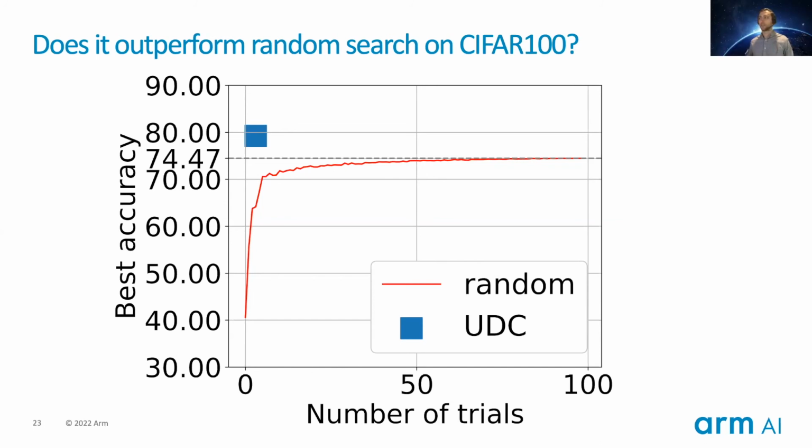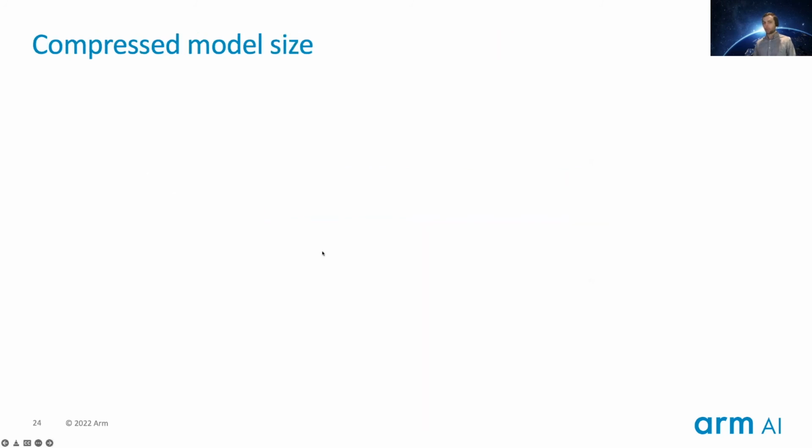Okay. Right. So, jumping back into this, this was showing that our approach is basically an efficient search algorithm. And the last ablation is about this compressibility issue.